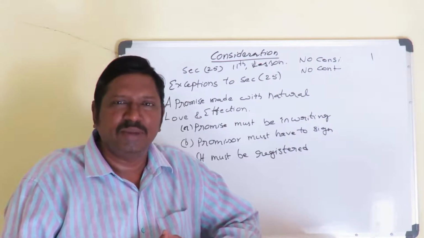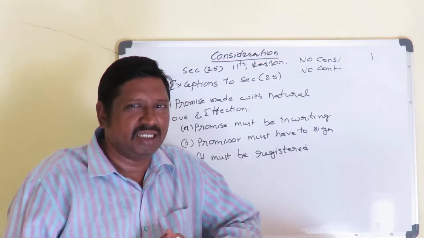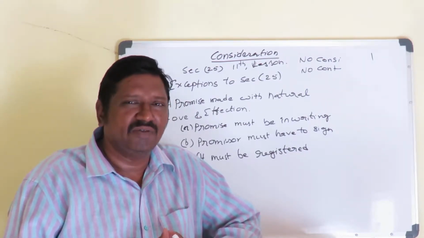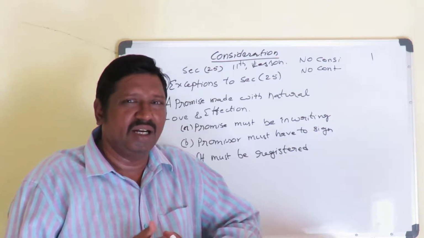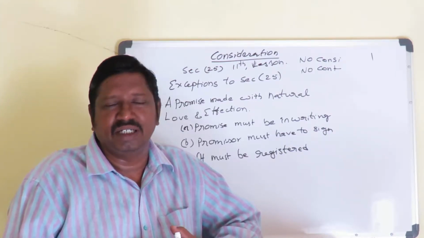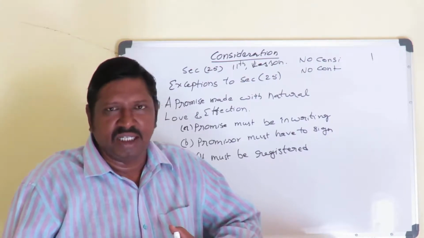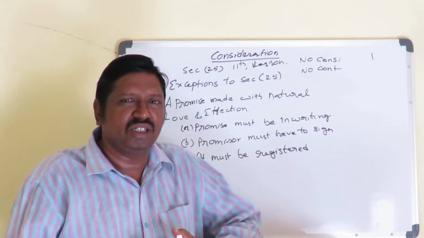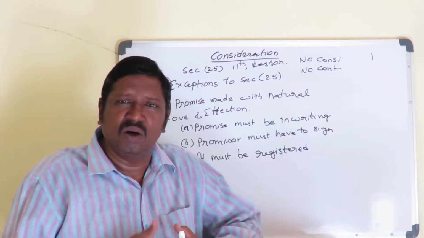Thereby, on the inquiry made by the court, they came to know that these persons never lived together with peace and with natural love and affection. They used to quarrel with each other all the time.